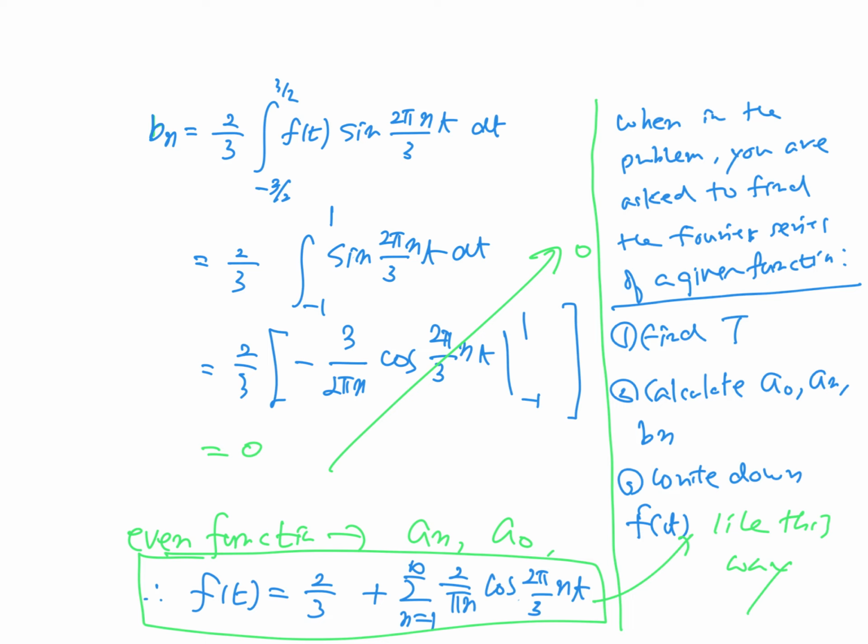Oh, right. So sine of 2 pi n over 3. Right. Correct, thank you. Let me check. Yes. So you have to put the complete terms. So even I can make a mistake.